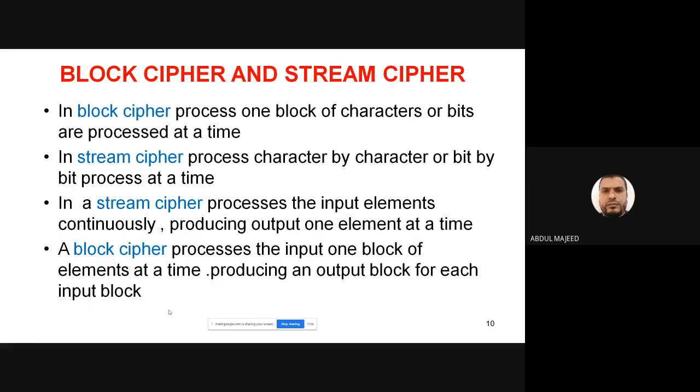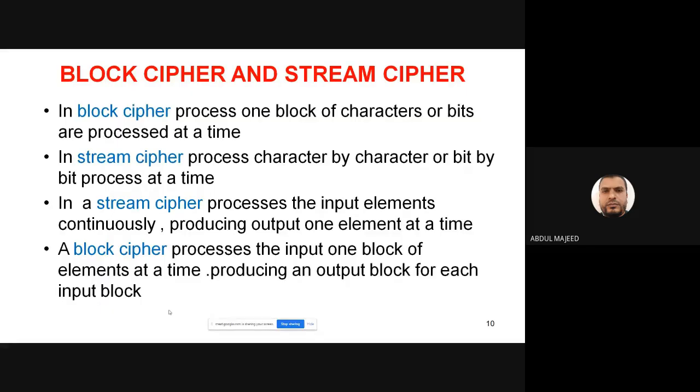Suppose each block should contain only 10 characters. So the entire message is divided into blocks of 10 characters, and that set of 10 characters is called one block.